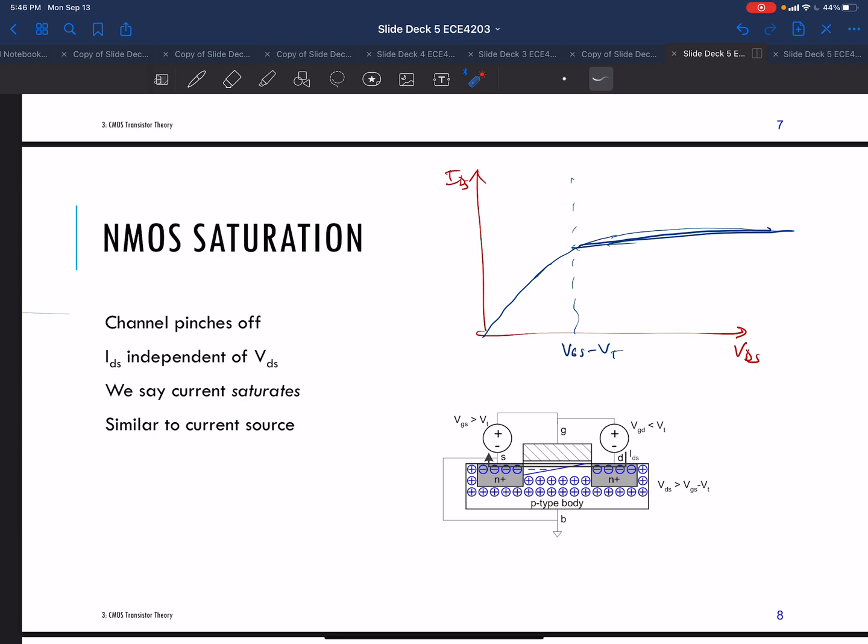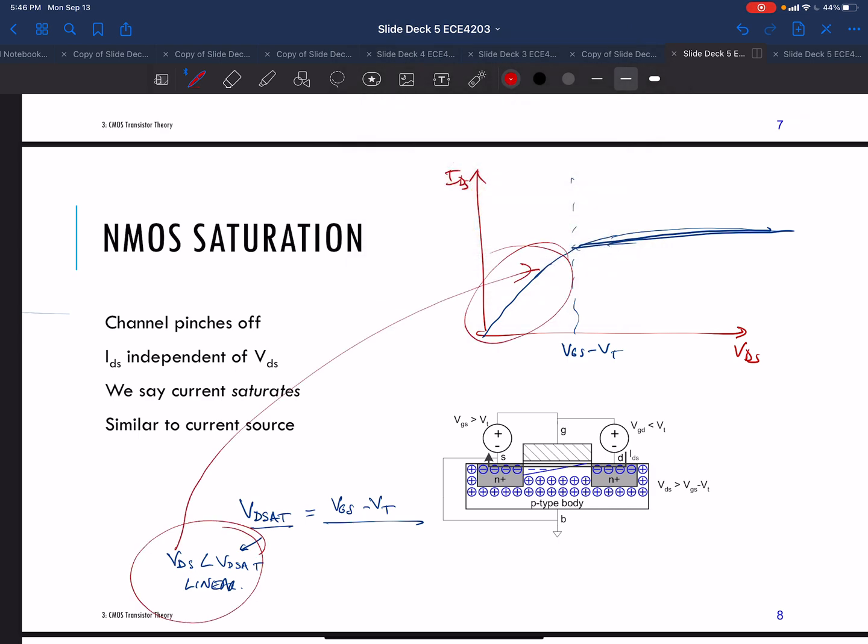Yeah, so again, the magic voltage is VD, and we call that VD sat, or the saturation drain voltage, which is VGS minus VT. If VDS is less than VD sat, then it's in linear operation, on this part of the curve.